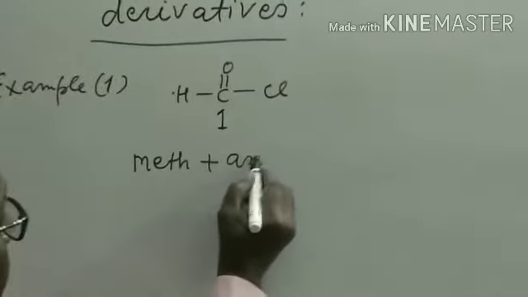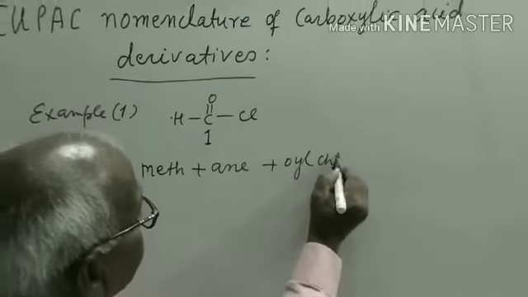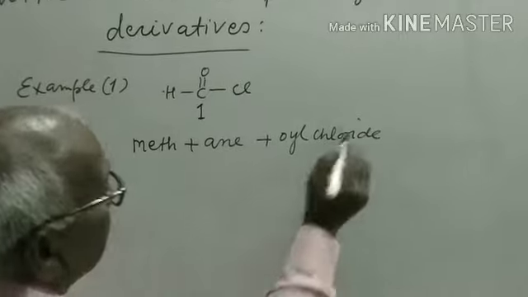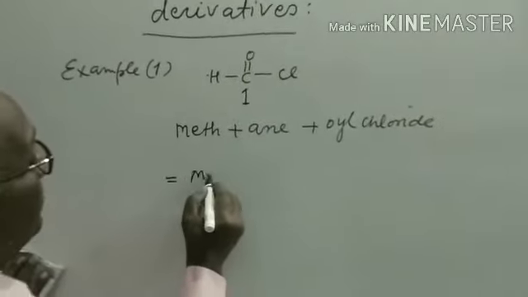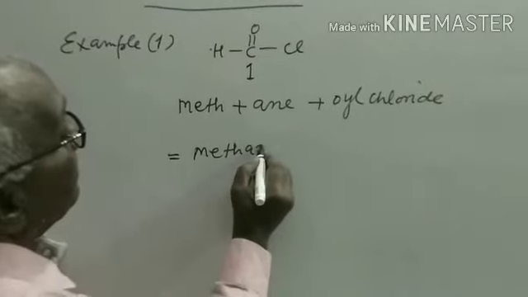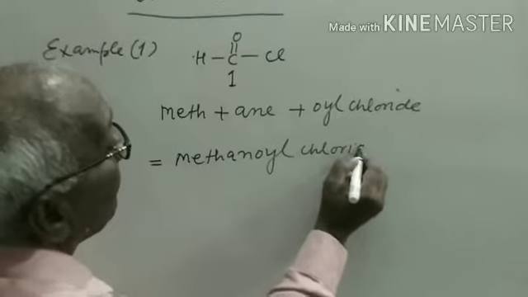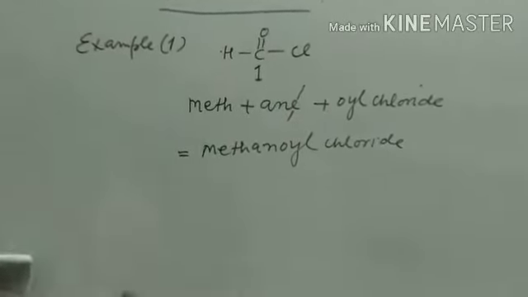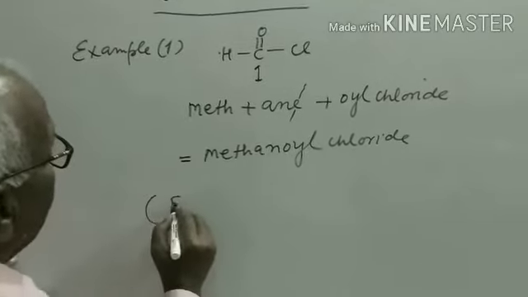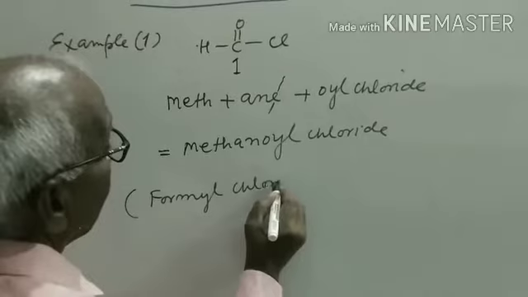Primary suffix is ane. Secondary suffix is oyl chloride. So its name becomes methanoyl chloride. The E is deleted. Common name is formyl chloride.